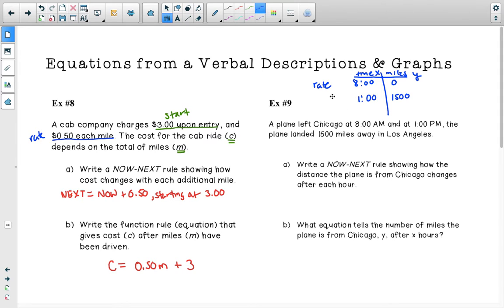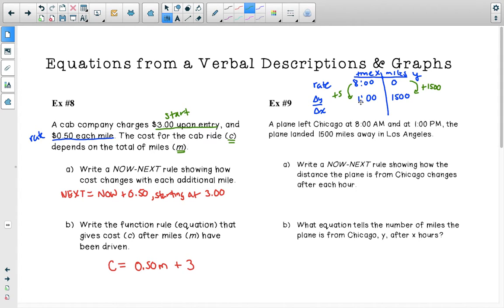So to find our rate, remember it is change in y over change in x. Our change in y is adding 1,500, and our change in x is adding the amount of hours. Remember that it goes from 8 to 12, and then from 12 to 1. So 8 to 12 is 4 hours, plus 1 more hour gives us 5 hours. Remember, time goes to 12 and then it starts back over.